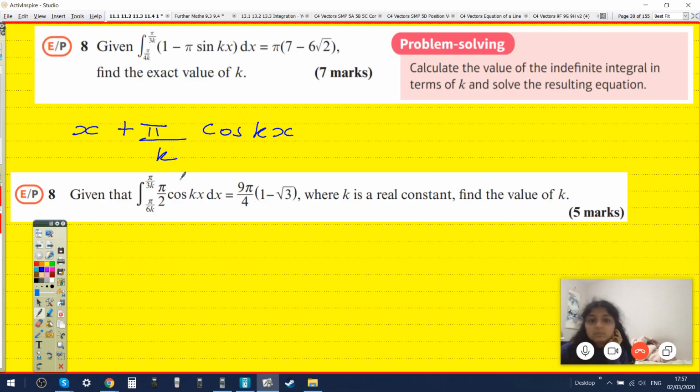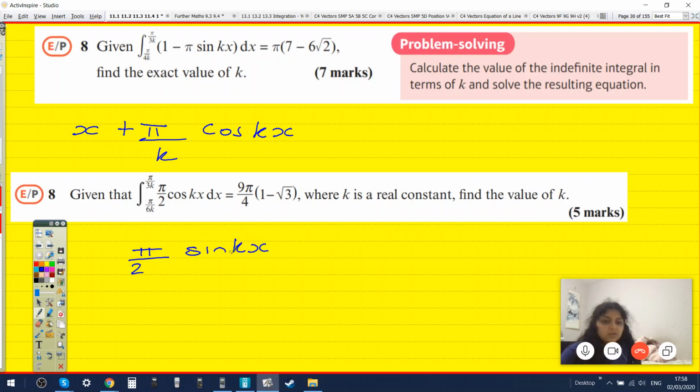Let's try this one. So pi over 2 would just stay as pi over 2 because it's the coefficient. Pi over 2 k sine kx.